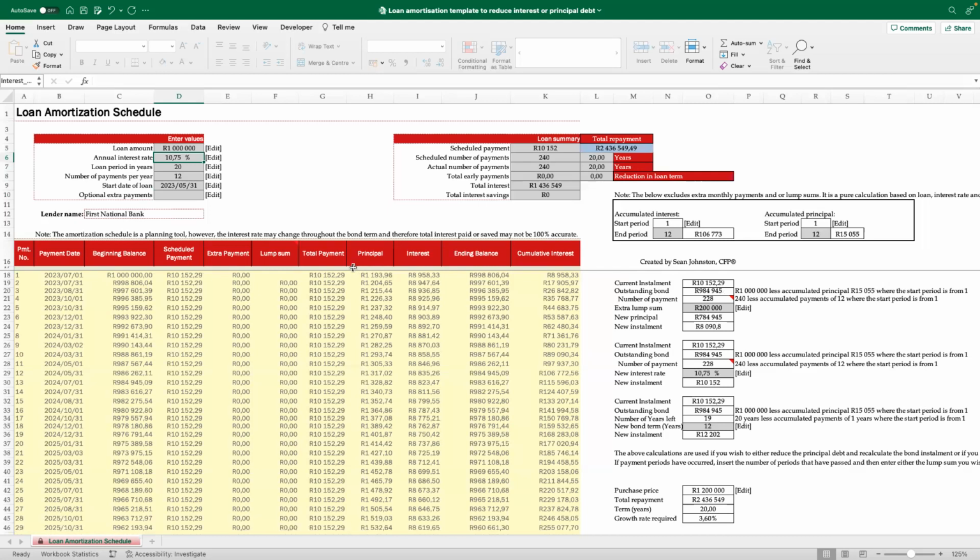So I hope this video does give a bit more clarity. I do have a separate video, separate template for vehicle amortization. Vehicle amortization does differ because there is balloon payments and residuals that are applied. It doesn't work the same as a home loan. And also their loan term is a lot less.